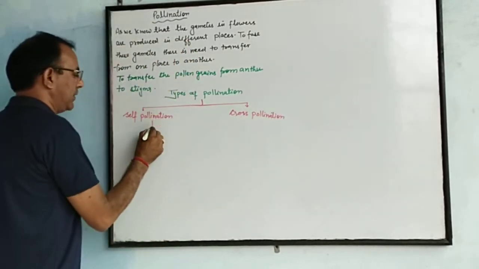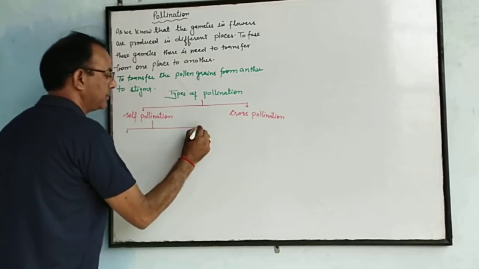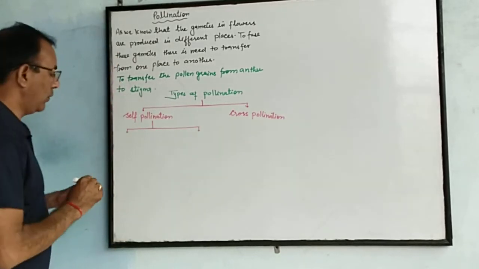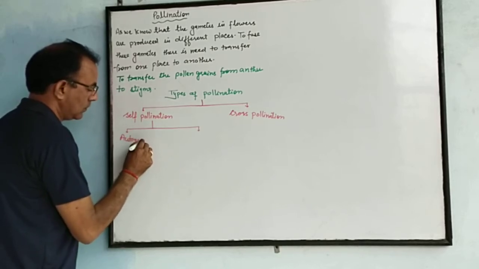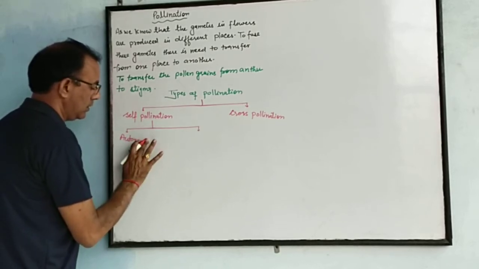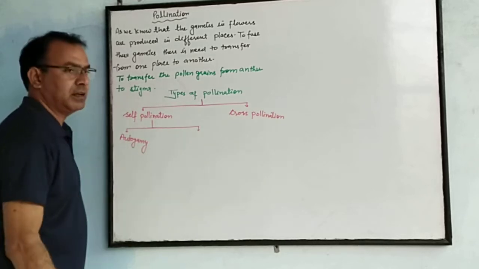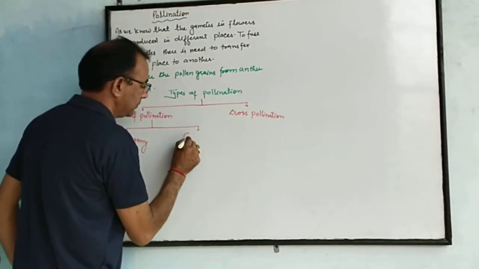Self pollination is next divided into two subgroups. One is autogamy and the second one is geitonogamy.